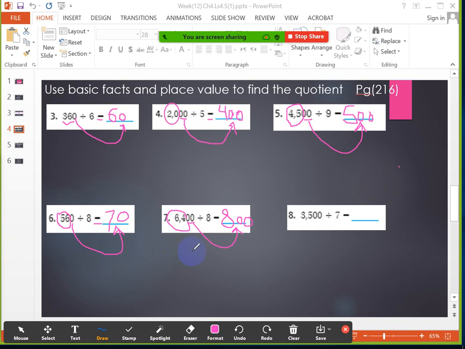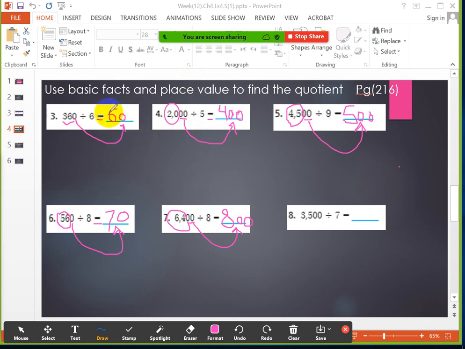Yes, Lana, again. My question is, if the number you want to divide is 1000, will the number be hundreds? Actually, yes, your answer is correct, because we are dividing here, girls.